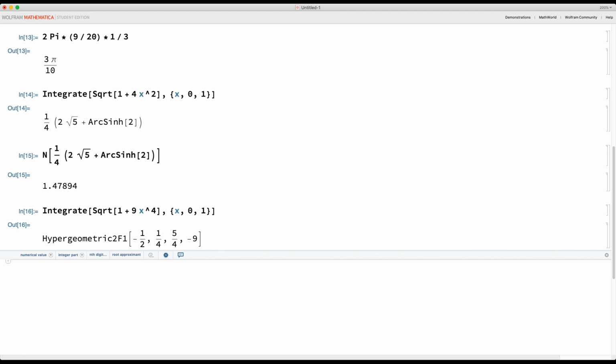So the point here is that, you remember we talked about special functions previously? This is a special function, meaning there is no antiderivative that I could write down in terms of elementary functions. So we're hosed.